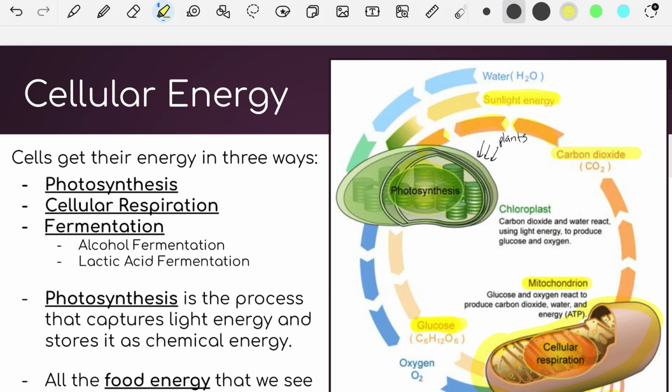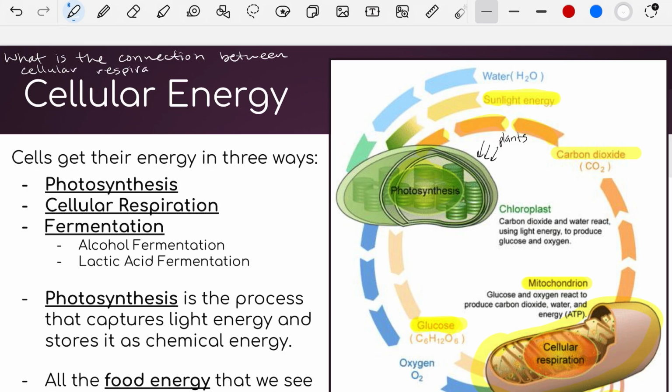So these two processes are tightly connected, and as we go through cellular respiration and photosynthesis, you should really think: what is the connection between cellular respiration and photosynthesis?